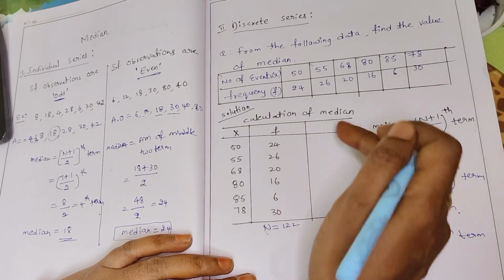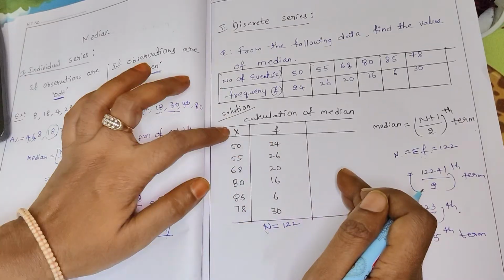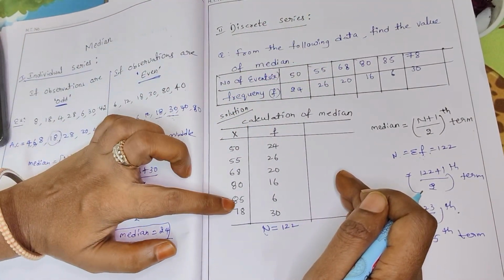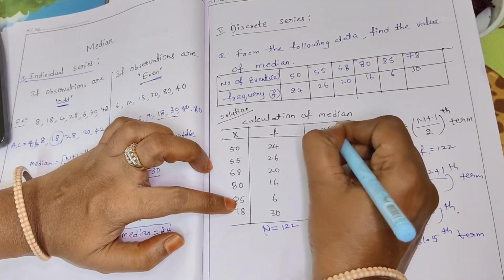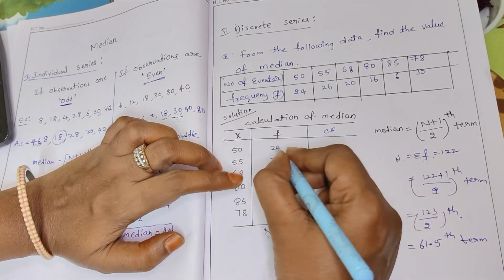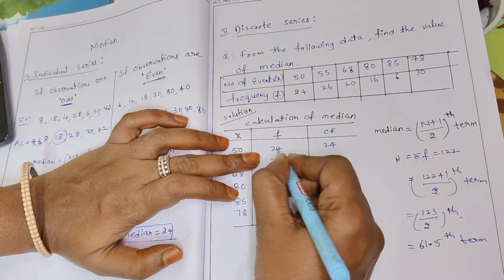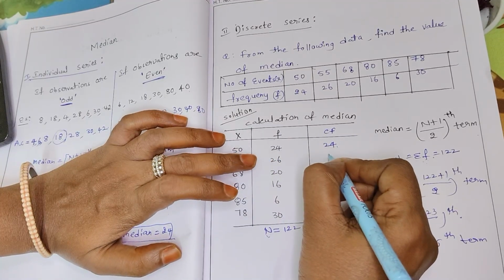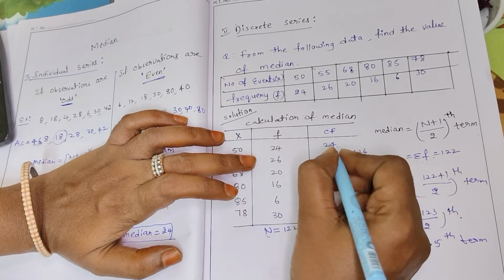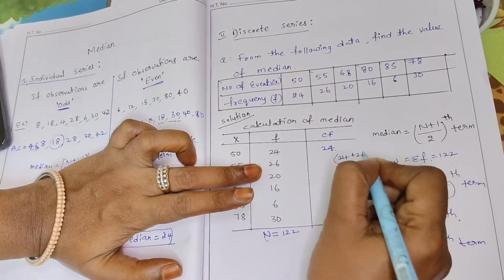It is found in the cumulative frequency column. That is, we add one more column to the given data. The x and frequency values are given in the problem itself. So these are the x values, these are the frequency values. The extra column is cumulative frequencies. Here we need to find the cumulative frequencies. How to calculate them? The first value stays as it is, 24, taken from the frequencies. The next cumulative frequency will be 24 plus 26, that is, the preceding cumulative frequency plus the next frequency.